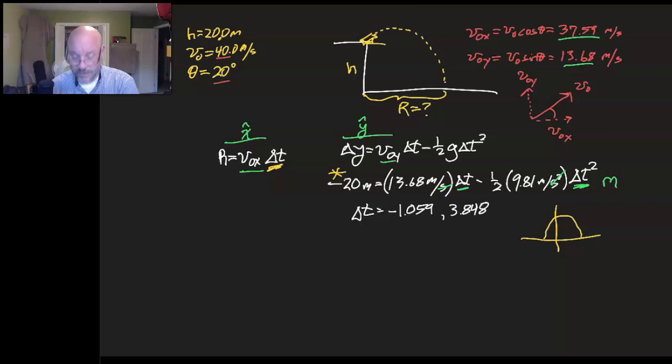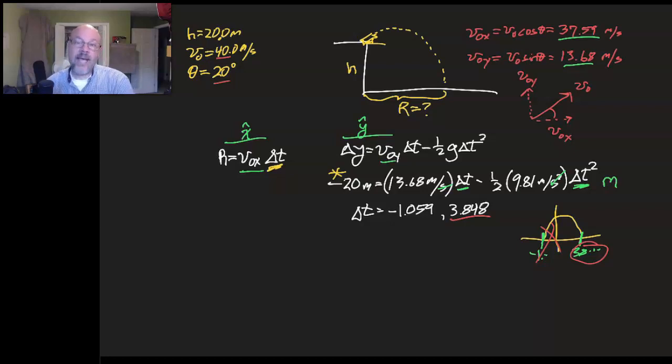That's what we're actually doing. And that's going to be over here and over here. So this number is our minus 1 point stuff. And then this number is our 3.8 stuff. Okay. So we're not interested in any negative time. So we just keep the positive root. All right. So we're going to choose 3.848 for our value there.